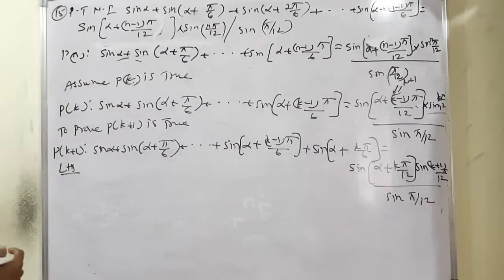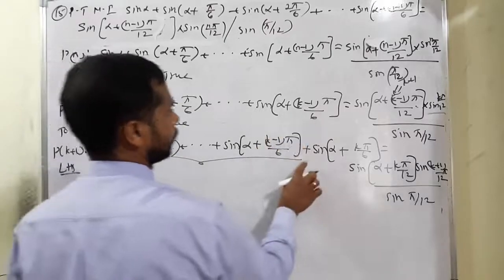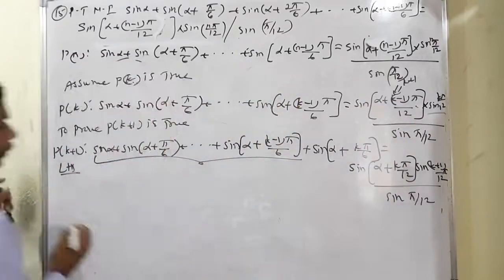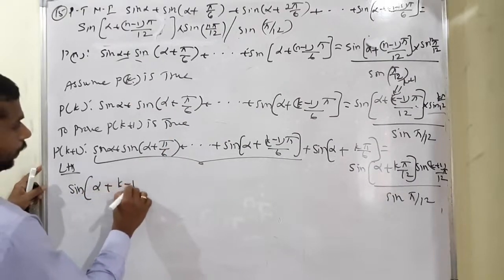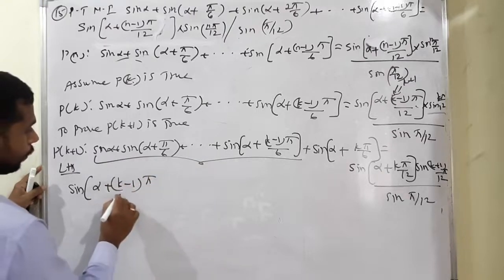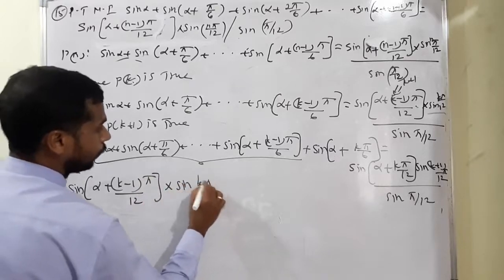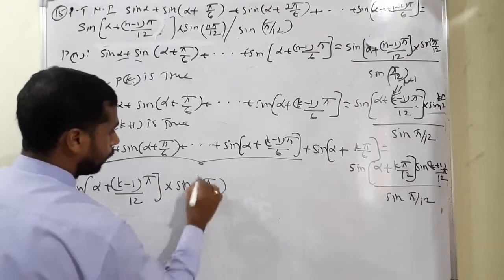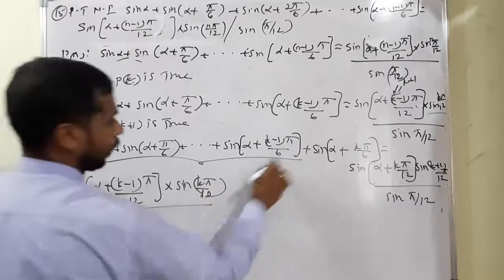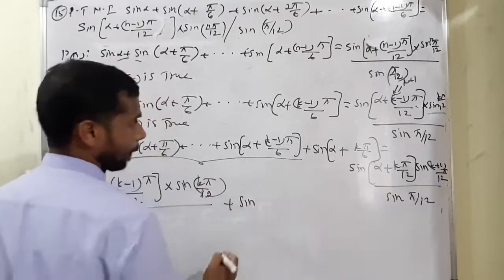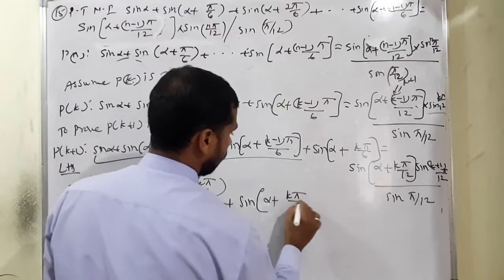Now the LHS, up to alpha plus (k minus 1) into pi by 6 is equal to what value? Sin of alpha plus (k minus 1) into pi by 12, then into sin of k pi by 12, the whole term divided by sin pi by 12. One more term is there, plus sin of alpha plus k pi by 6.